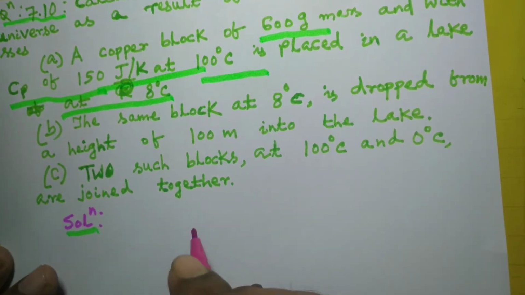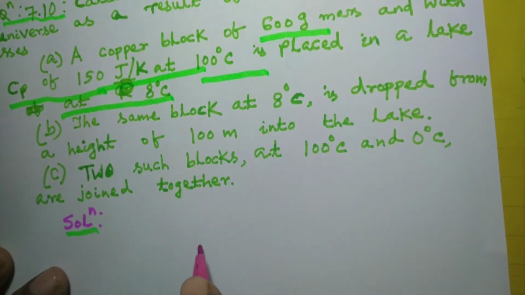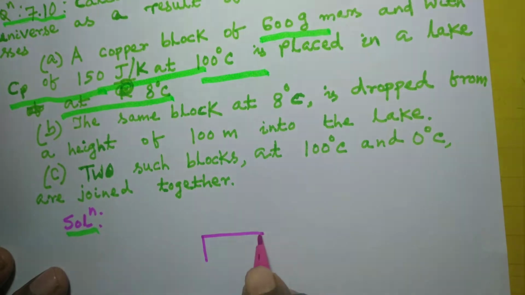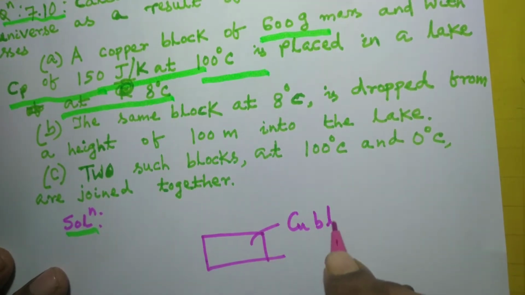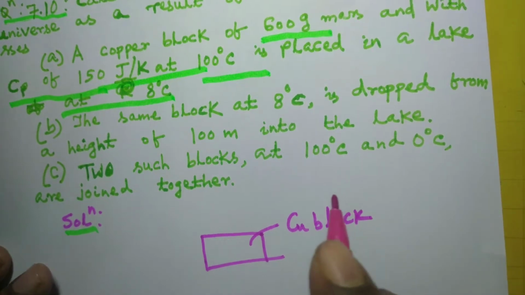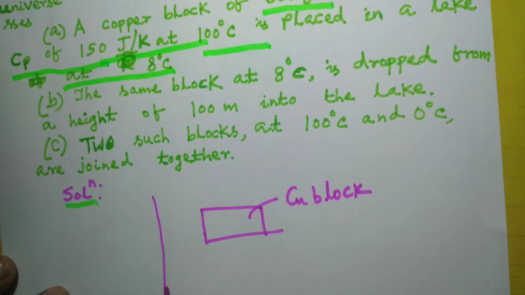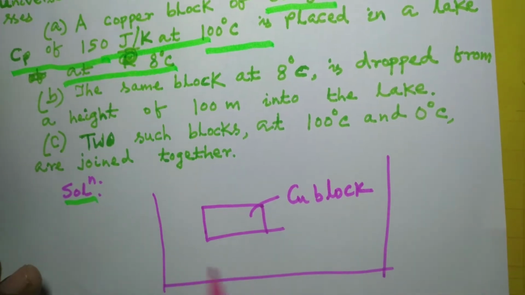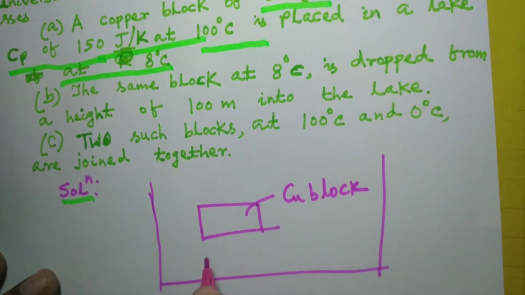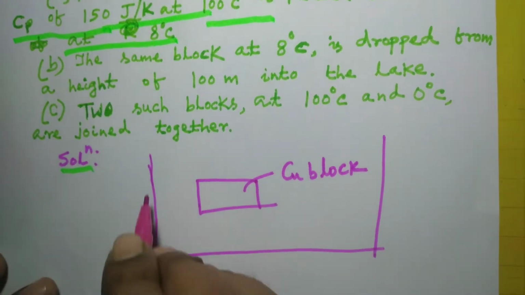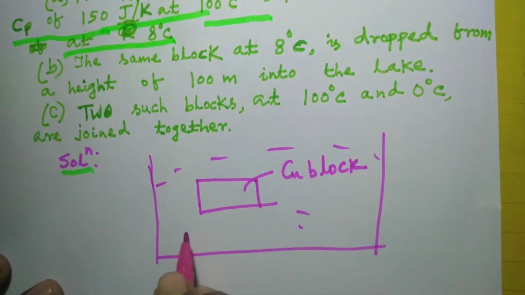So this is copper block, and it is placed in a lake. So suppose this is a lake, a body of infinite heat capacity.